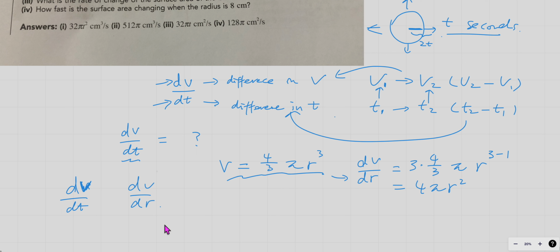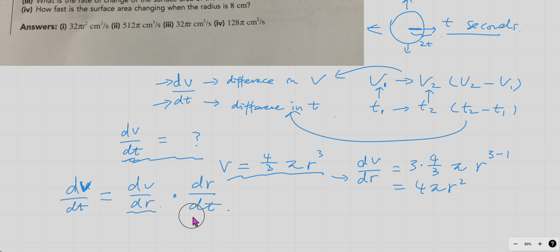Because your question wants dV over dt equal to something, what is the other term you need in order to get dV over dt? It is if you get the dr over dt.